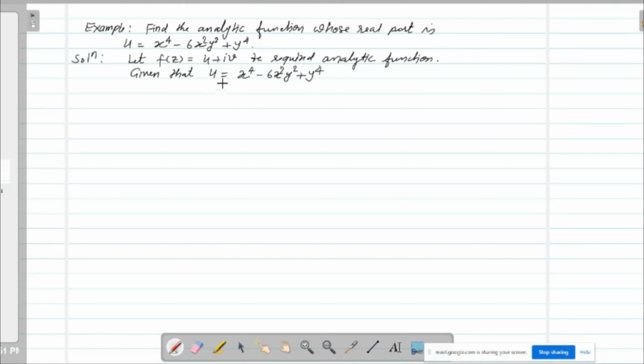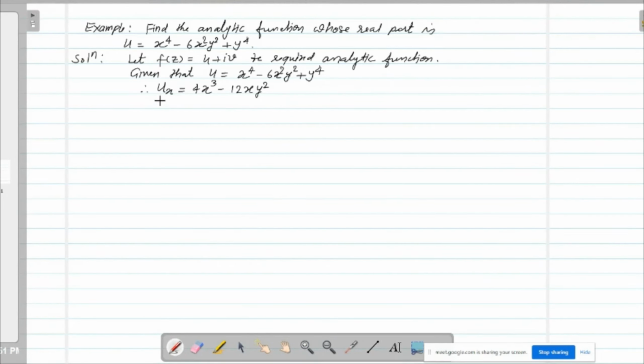Okay, now just differentiate u partially with respect to x. So we have ux is equal to 4x cube minus, differentiating partially with respect to x, y is constant, so we have 12 x y square, and y raised to 4 is constant, so this will be 0.